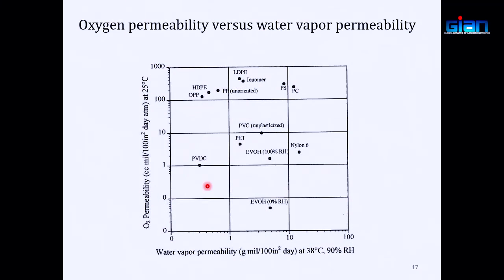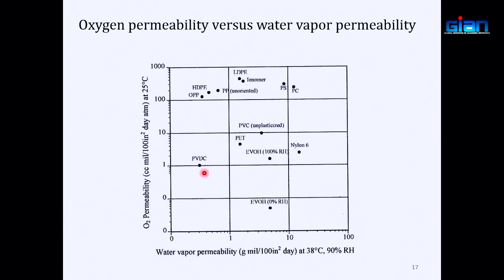So this diagram gives you a good indication depending upon the requirement for your material. If the material does not have a lot of lipids, it does not react with oxygen, but it reacts with water, and you don't want a lot of moisture migration within the package, then you may be selecting these films. But if your product has a lot of lipids and you want to minimize the oxygen ingress into the package, then you would be selecting these kinds of films rather than these.